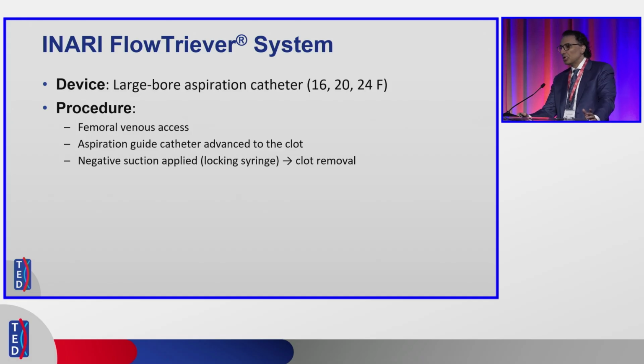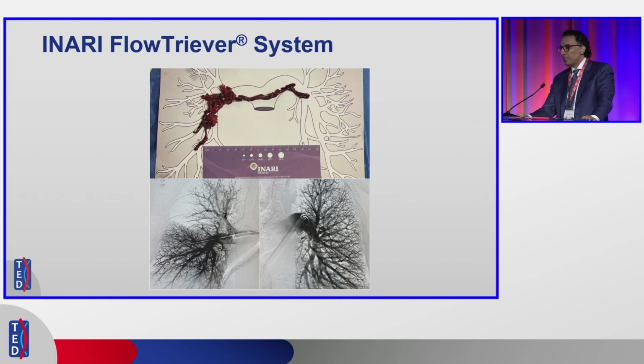You take a pigtail catheter or something similar, advance it to the pulmonary artery, and then once you get the catheter up there, it's basically a 50 cc negative suction syringe that removes the thrombus once you position it into the area that you want to remove the thrombus from. And the images are pretty dramatic. So here's one I did a couple months ago.